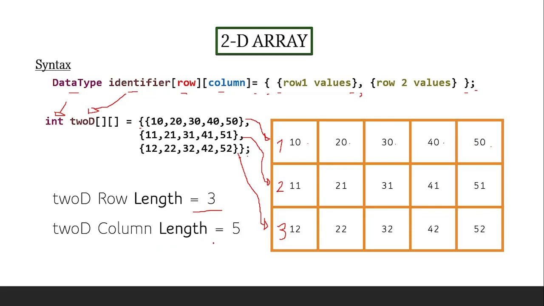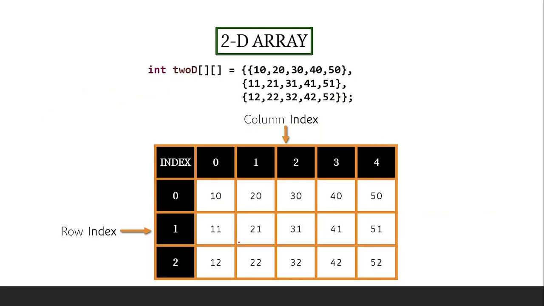That's why meron tayong column length na 5. Tandaan, length yung pinag-uusapan natin or length yung binibilang natin, not the index. So let's remember that kapag bibilang tayo ng length, nag-start tayo lagi sa 1, not 0. So that is our 2-dimensional array. That is how we declare our 2D array. So just remember and familiarize the syntax.